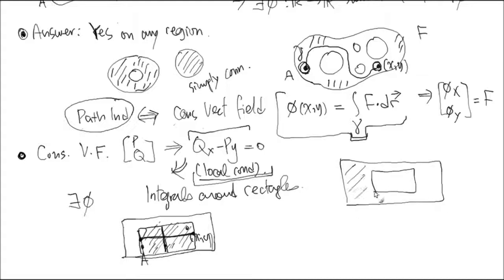Using that iterated integral along the x-axis and along the y-axis, you can construct phi on that rectangular region. Then you can continue that integration vertically like this down in here, and then you try to complete it here.